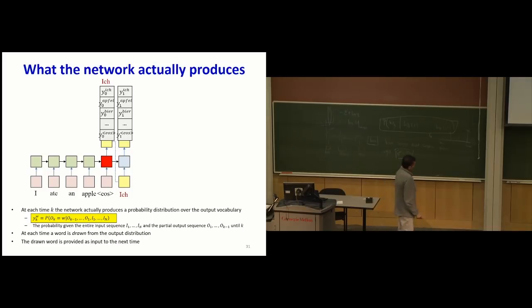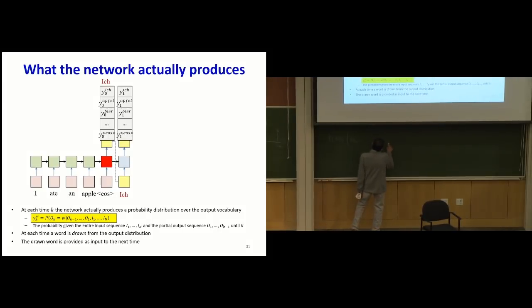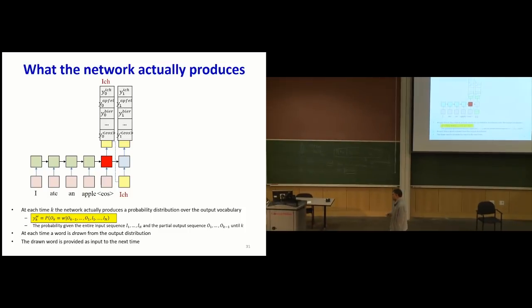So at the next instant, the probability distribution is actually going to be P of Wg given We1 through n, followed by Wg1, because the first German word has already been produced, and you're assuming that that is a given for the next instant, right? So at the next instant, you're producing a conditional probability distribution conditioned on the entire input and the first word that was selected. And then from this distribution, you're going to choose a word.